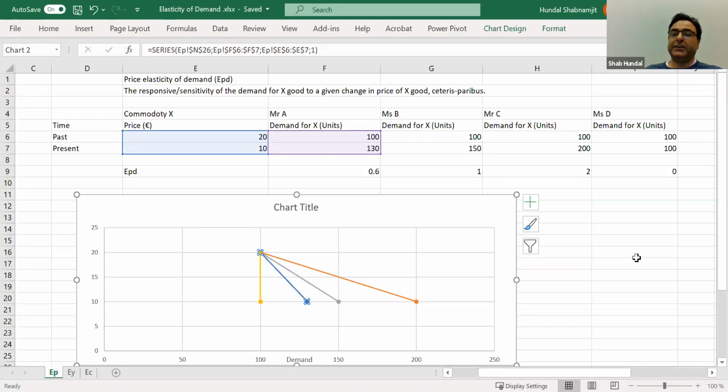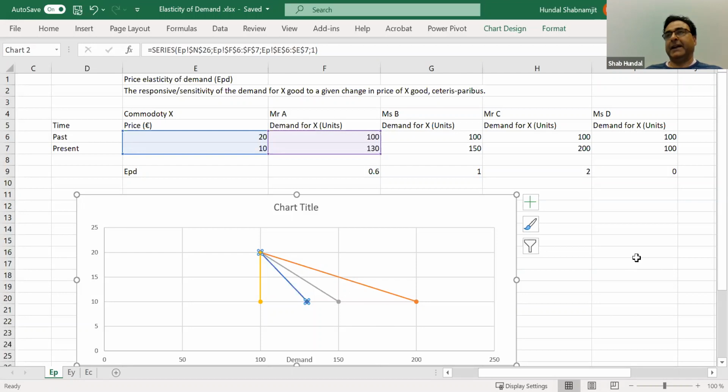So for a given change in the price, the proportionate change in demand is less, so 0.6. As long as this coefficient is below one, we call it less elastic demand. So you can see that for Mr. A, the demand for commodity X is less elastic.